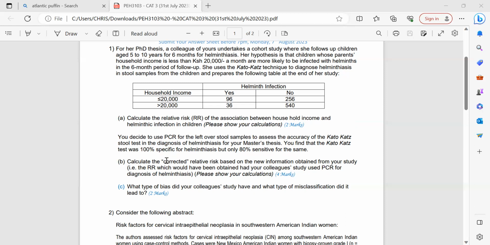So calculate the corrected relative risk, that is the RR, based on the new information obtained from your study, which would have been obtained if your colleague's study used PCR for diagnosis of helminthiasis instead of cats. So it seems we need to come up with another 2x2 table.